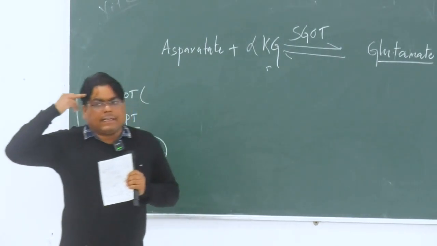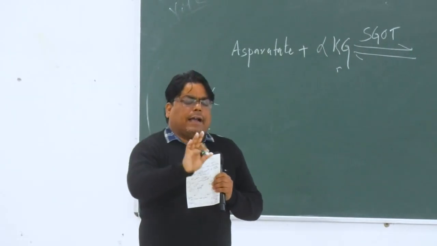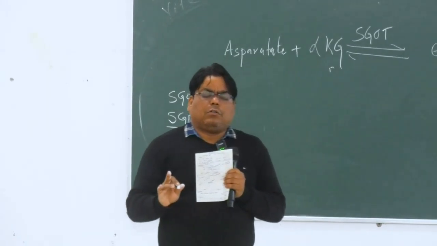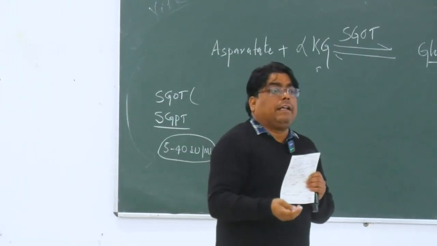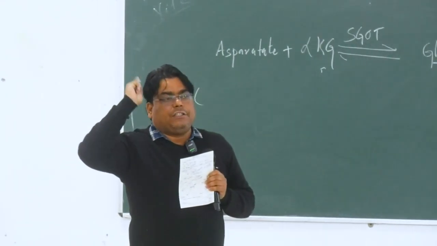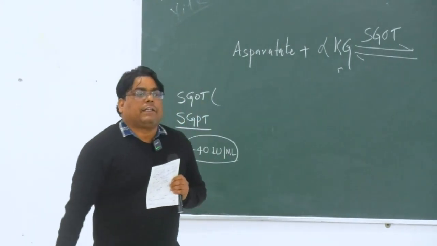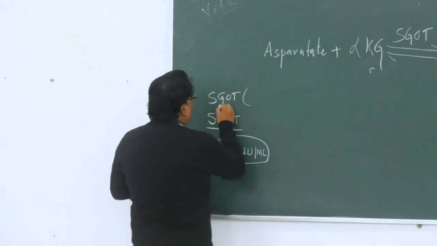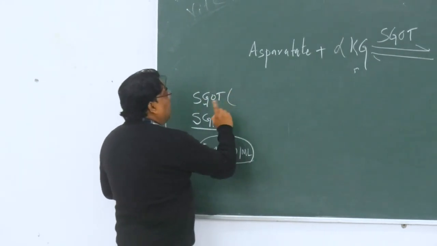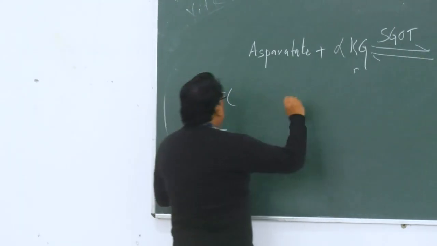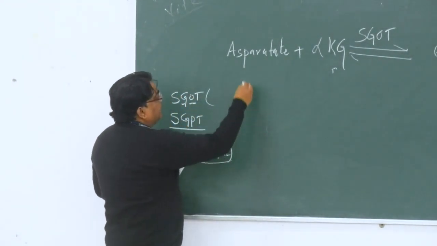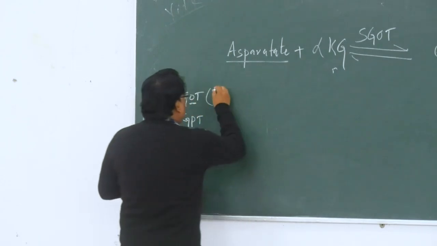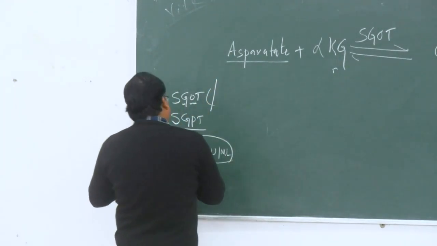So for making the concept, if the question asks to write about the transamination reaction, how will you remember? How will you learn? If you remember SGOT, you can write the reaction. Just write from G, glutamate, O, oxaloacetate, and this is aspartate.